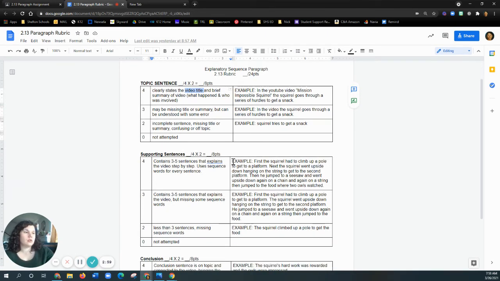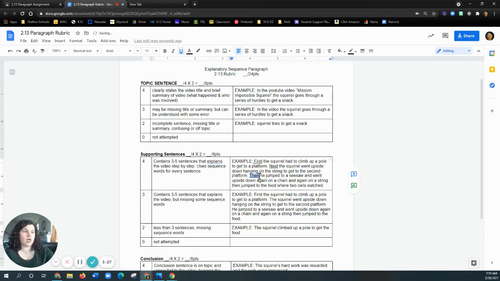Where we're going to work more today is in this part, the supporting sentences, where you have 3 to 5 supporting sentences that explain the video step by step, and they use sequence words. So in this example, this person used sequence words like, first, the squirrel had to climb up a pole to get to the platform. Next, the squirrel went upside down, hanging on the string to get to the second platform.